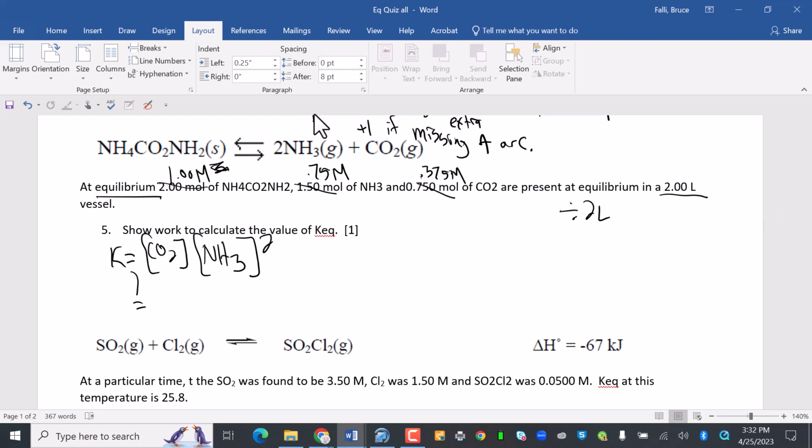CO2 is 0.375, NH3 is 0.75 squared. 0.375 times 0.75 squared is 0.211. And that's the answer. You have to have that with work for 1.